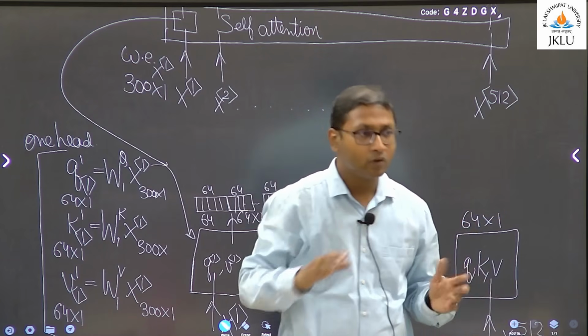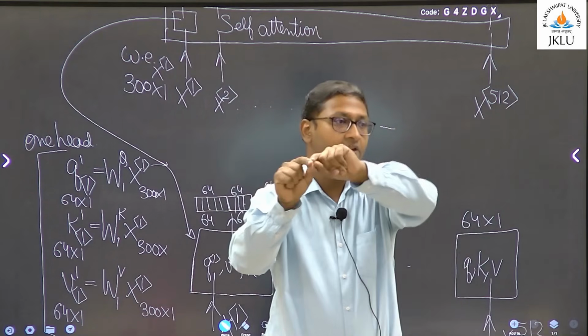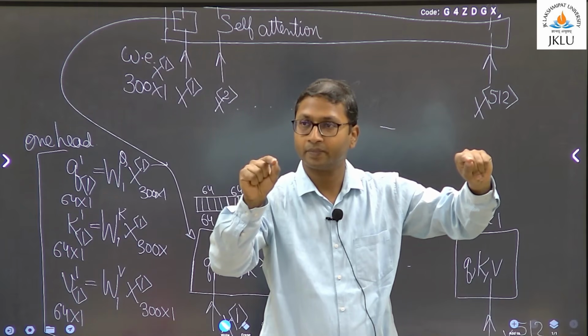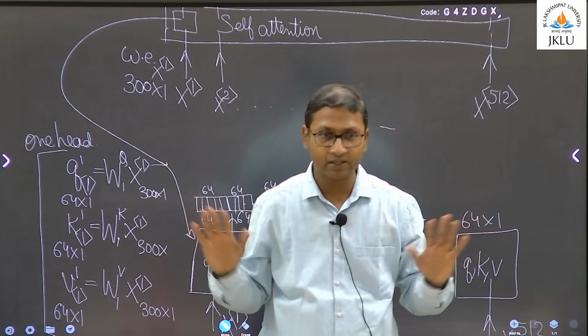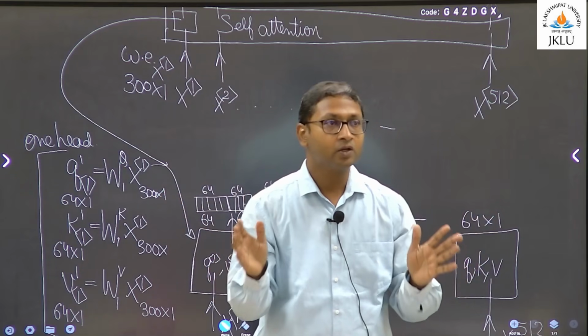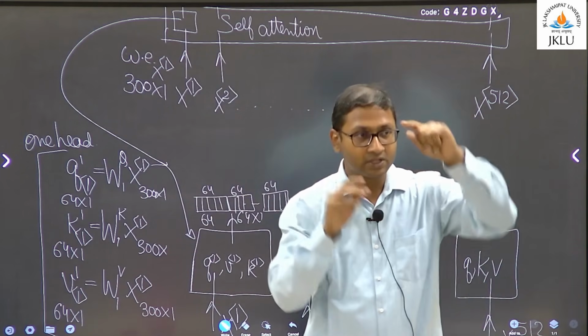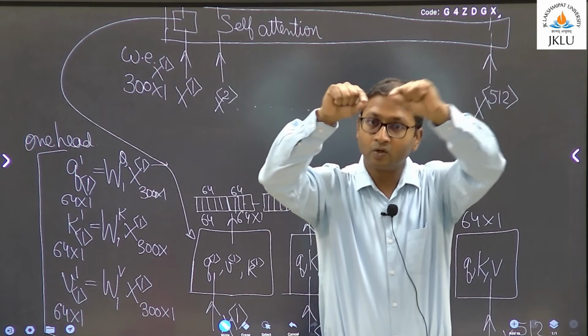Now think of a situation in which you have two pronouns referring to two different subjects in the same sentence. Can this happen, or is this a big deal that will never happen? This can happen. So one attention will not be able to take care of this relationship between two. It will take care of just one.